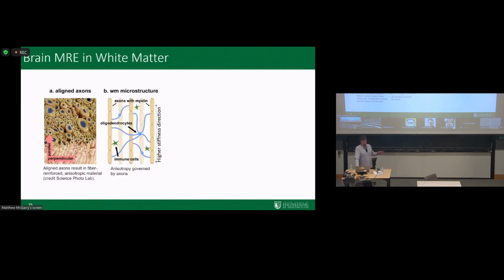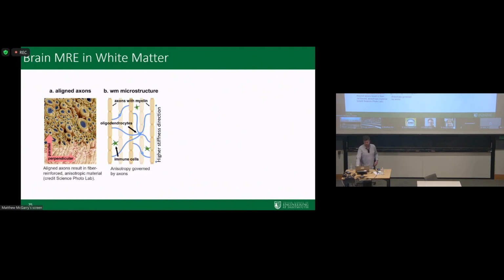Most of the stuff we've been looking at has been in grey matter structures. Grey matter is particularly appropriate for isotropic viscoelasticity, which is that model. But a lot of brain is white matter, which has aligned tracts of axons, so it's not really isotropic. The stiffness is actually stiffer along the axonal tract and softer across it.